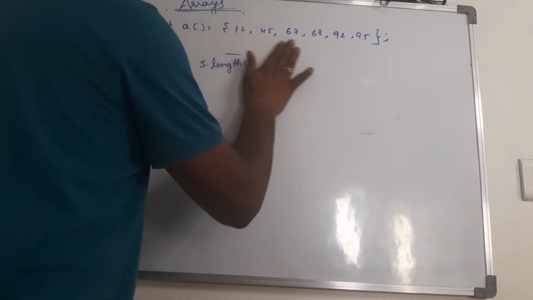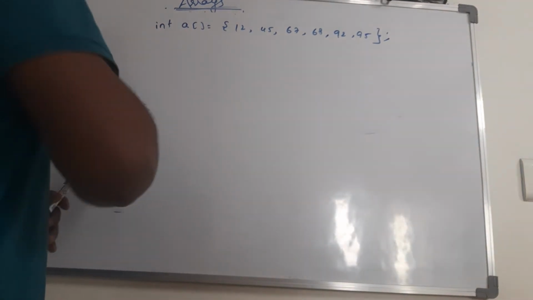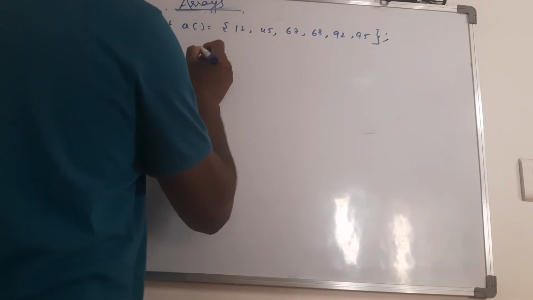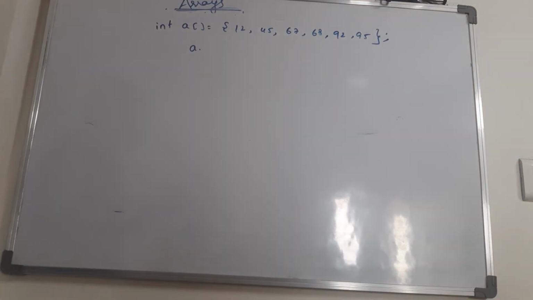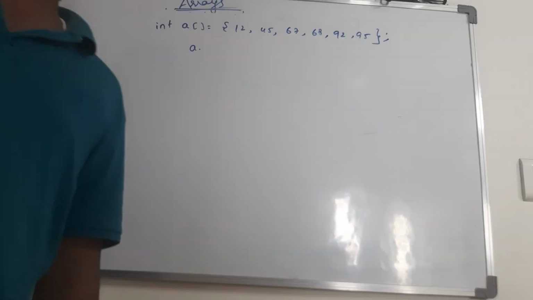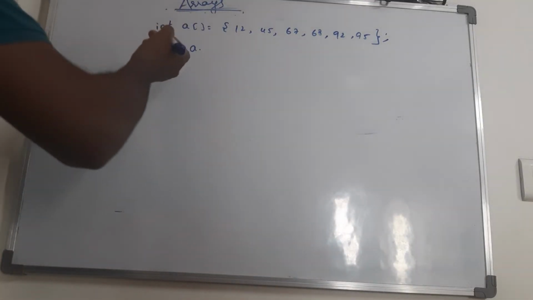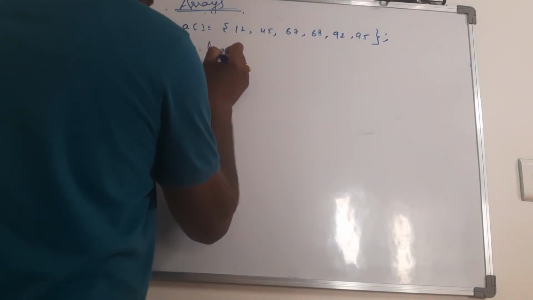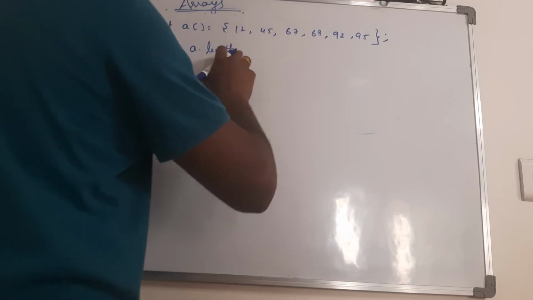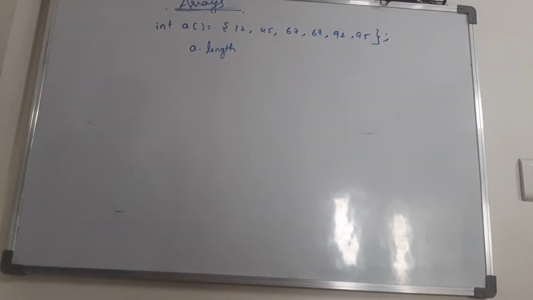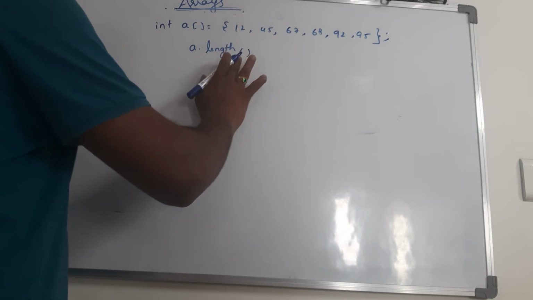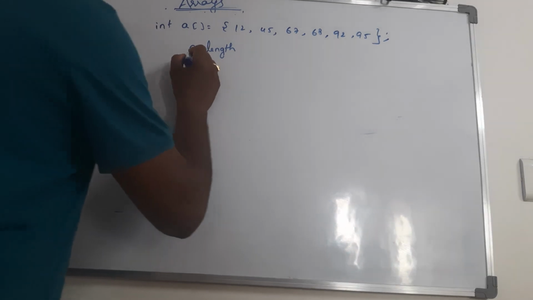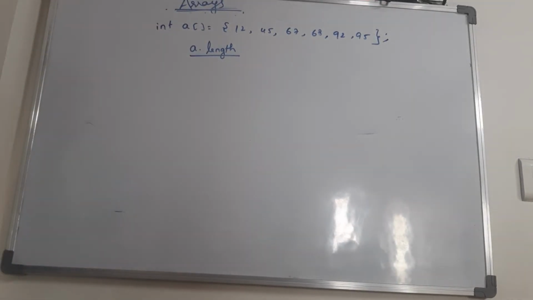In a similar way, in arrays also, to identify how many values are there within a particular array, it is a.length. I'm intentionally not giving the parenthesis here. In an array, this is the way to find how many values are there.